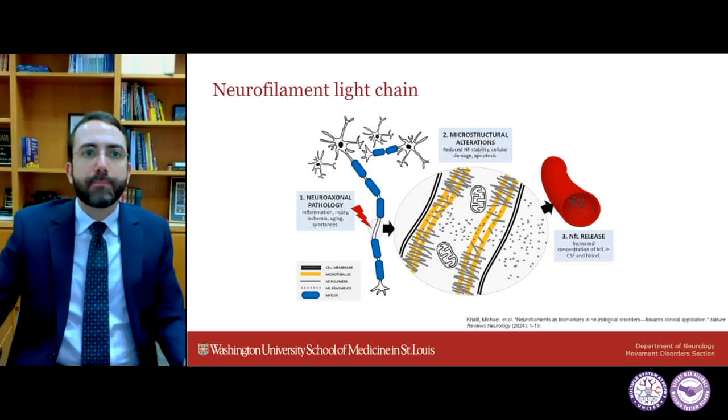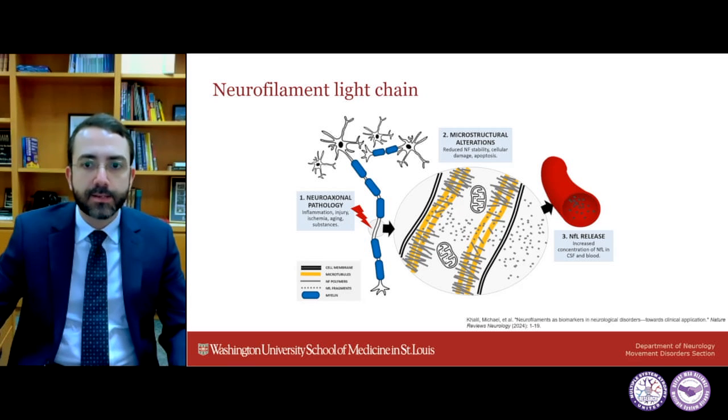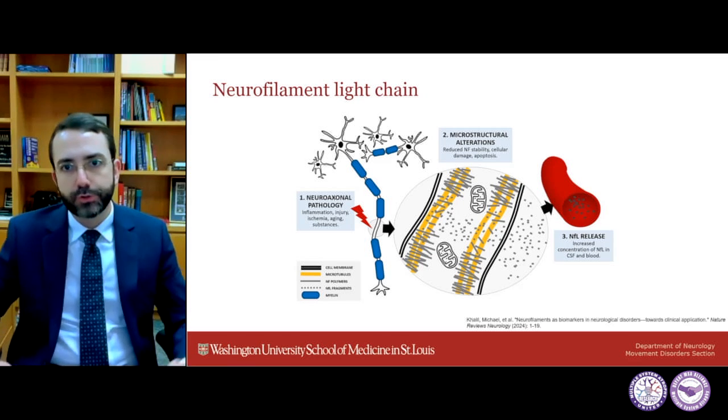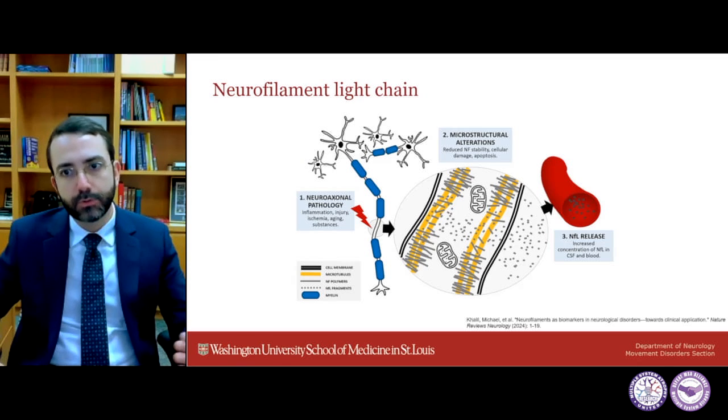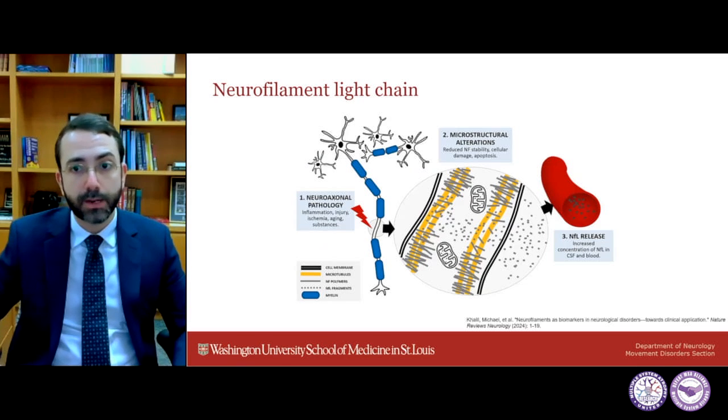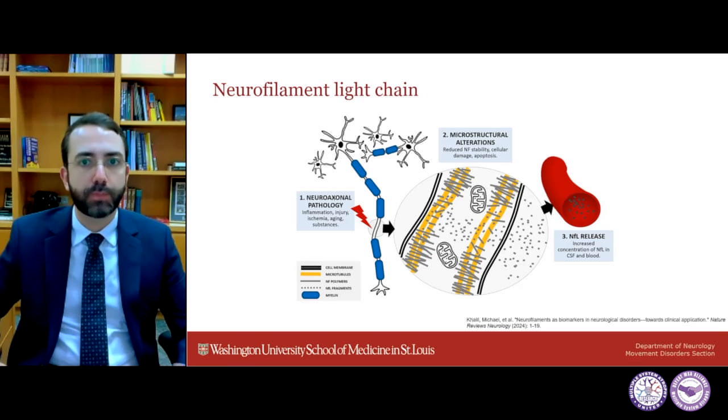Now, what is interesting about neurofilament light chain is that a lot of groups have shown that there is a higher level of neurofilament light chain in the spinal fluid, and very likely in the blood, when there is neuroaxonal pathology.